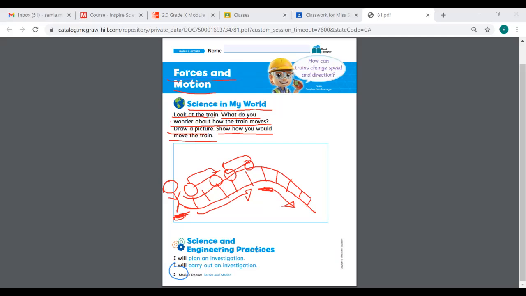Let me make it nicer in a different color. So you would probably push the train so that it could go in this direction, right? So draw your picture. Make sure your name is on the page.